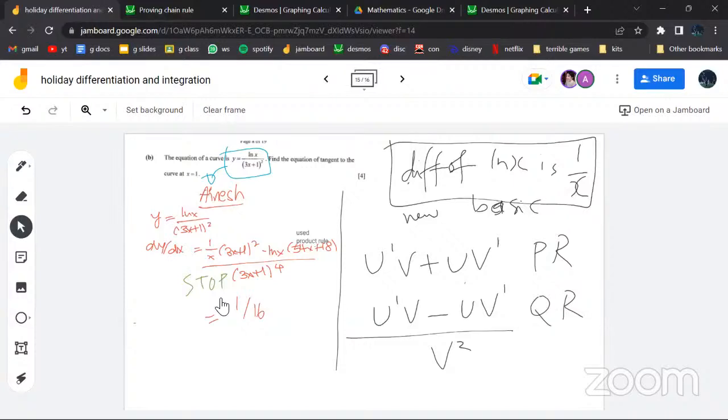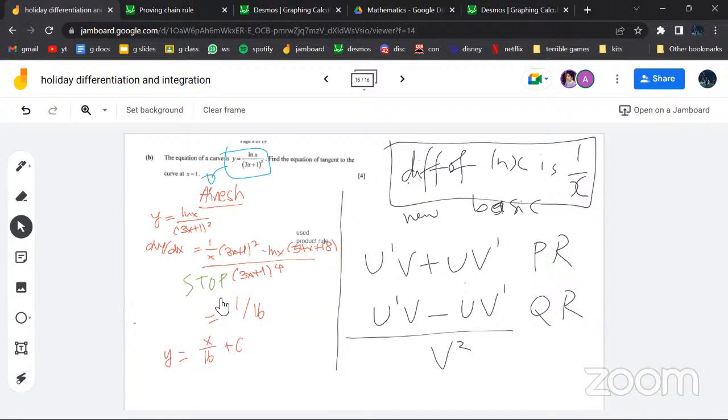The differentiation of +1 is? 0. The differentiation of 3x is? X. 1 over x. Oh, come on.